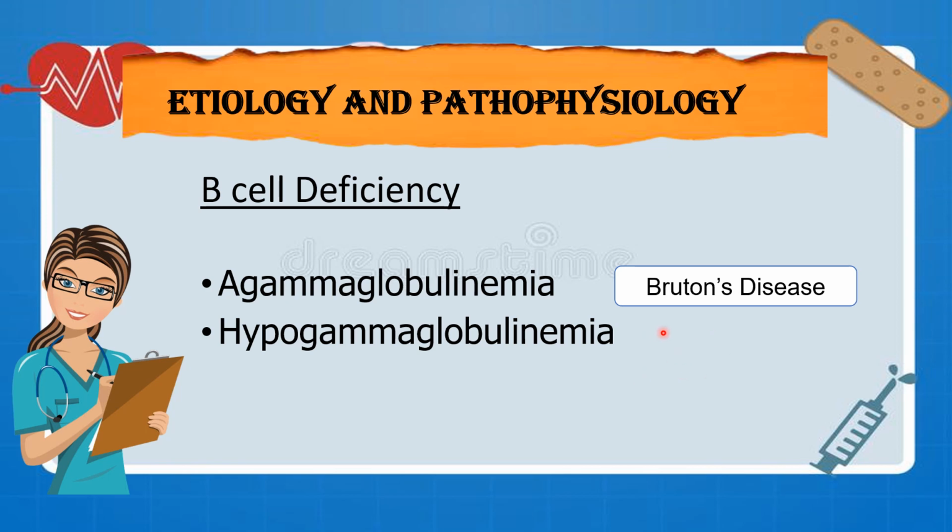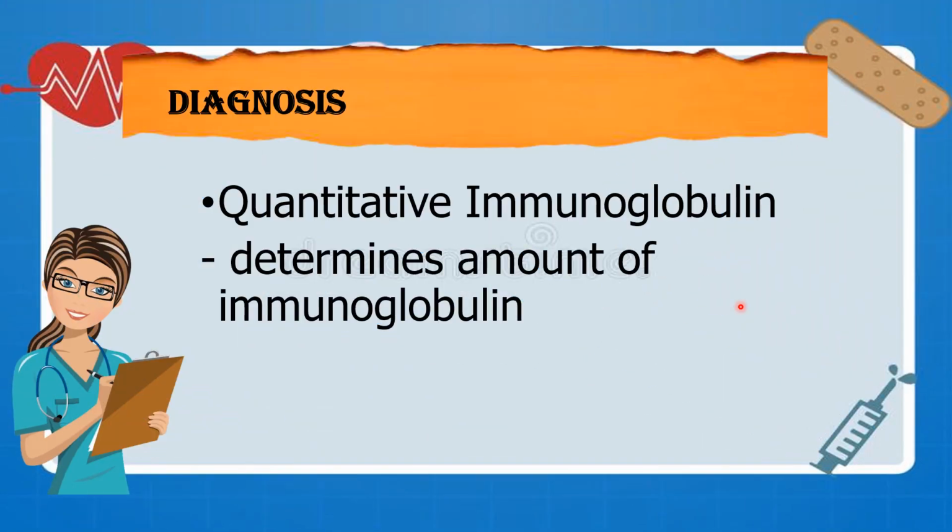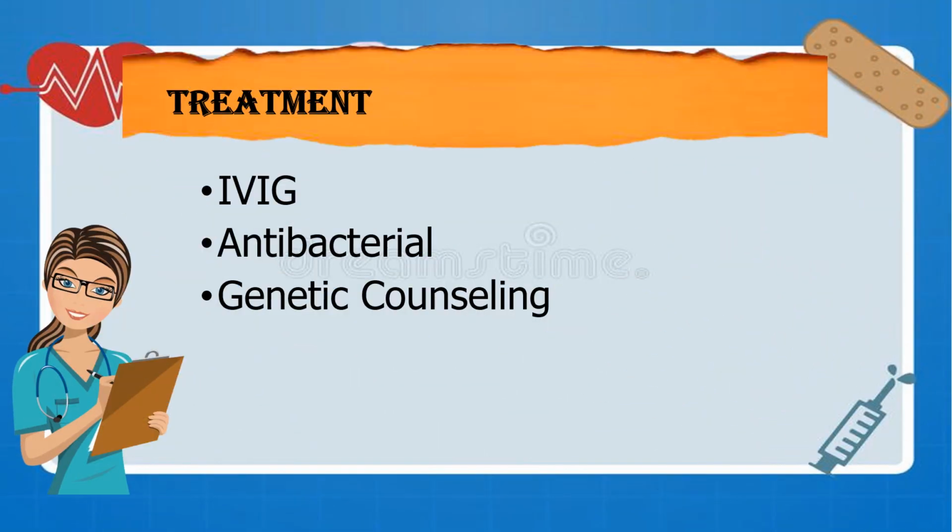This is the most common primary immunodeficiency in adults. The diagnosis includes quantitative immunoglobulins. This is to determine the amount of immunoglobulin. The treatment could involve IVIG, or antibacterial and genetic counseling.